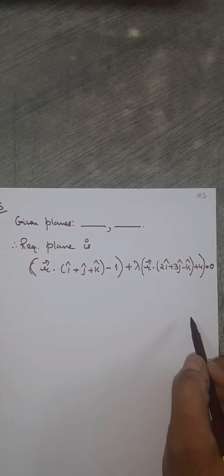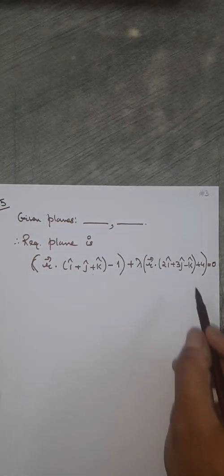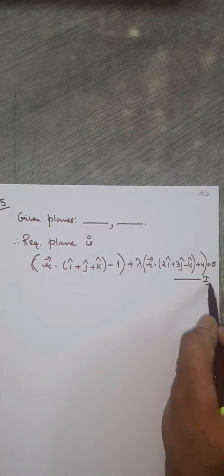This is a very standard equation of the plane: one plane plus lambda into the other plane equals 0. We call this equation number 1.